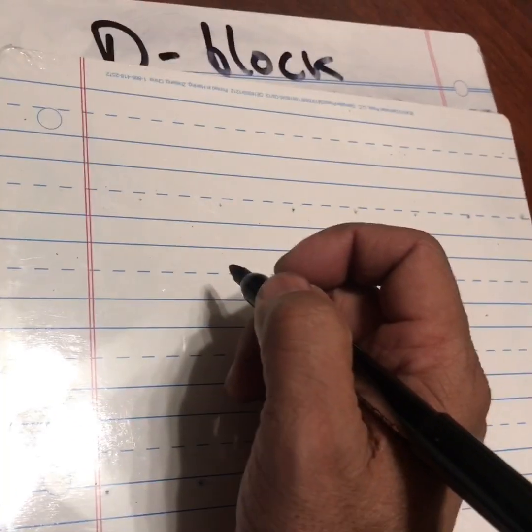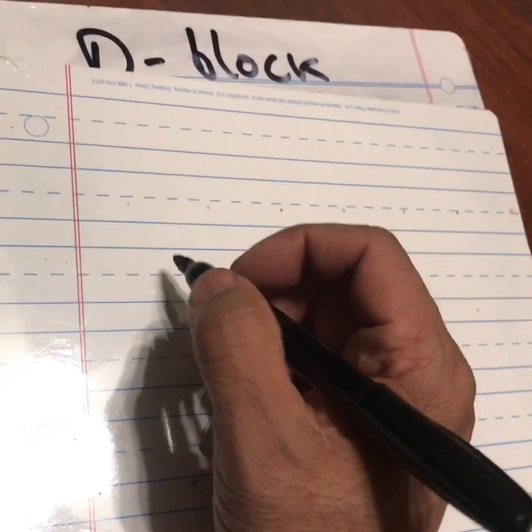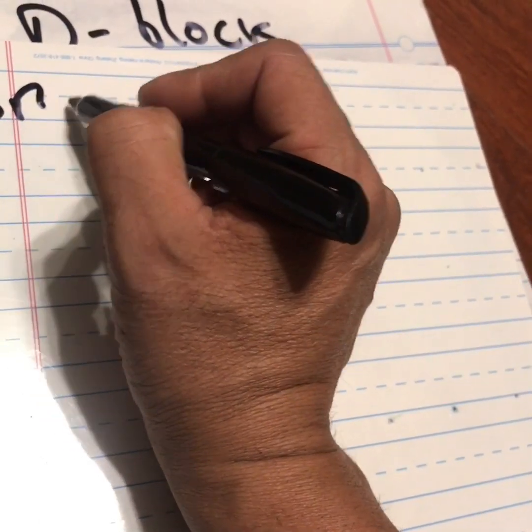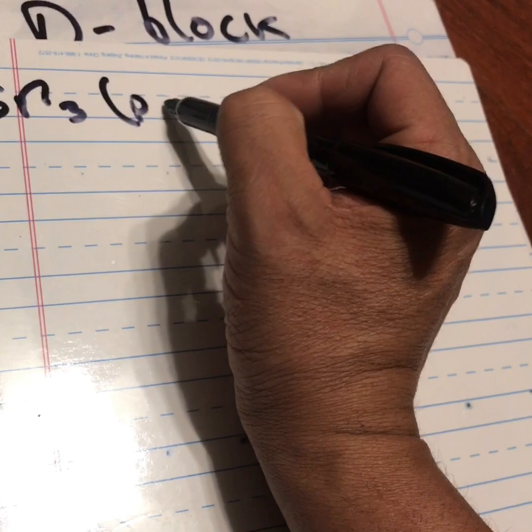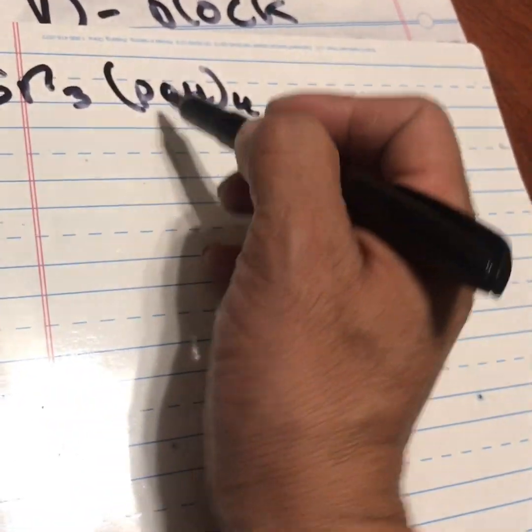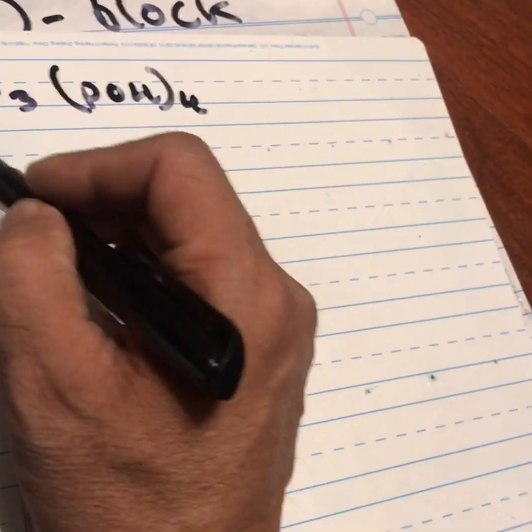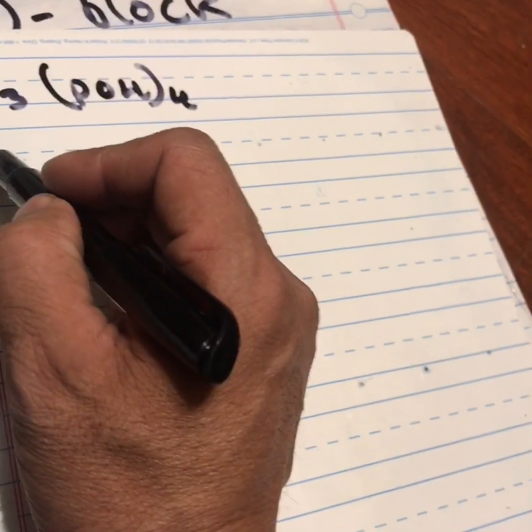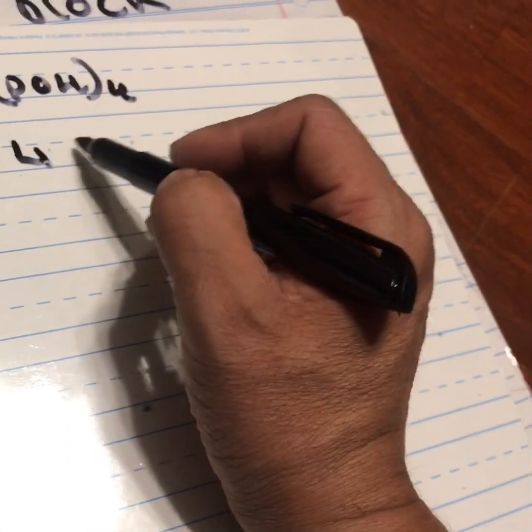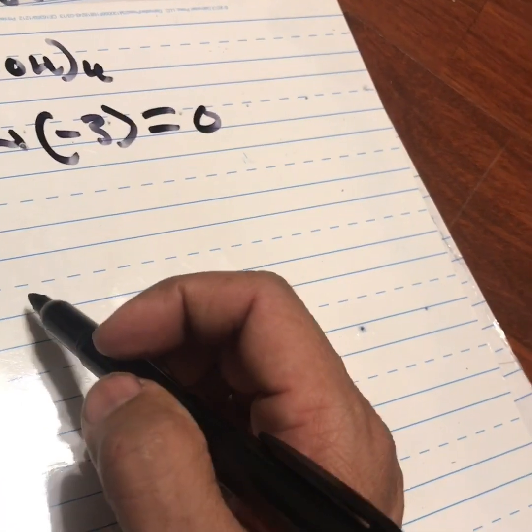Another example from the D block using Roman numerals to identify it will be Sn3(PO4)4. We know the phosphate has a charge of 3, so we need to solve for Sn plus 4. This is how we translate it, equal to 0.